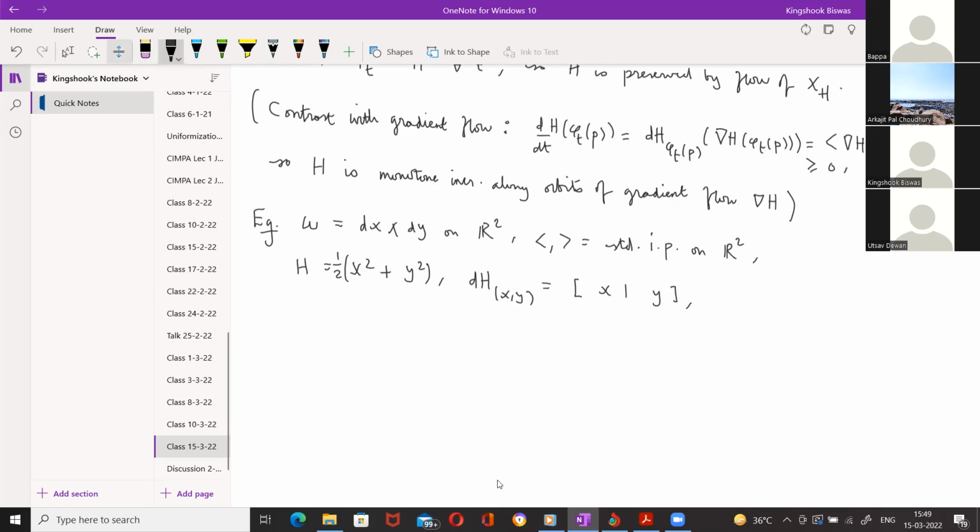So what will grad H be? This is a row vector, and grad H will be just the transpose of this, the column vector (x, y). And how do I get the Hamiltonian vector field?